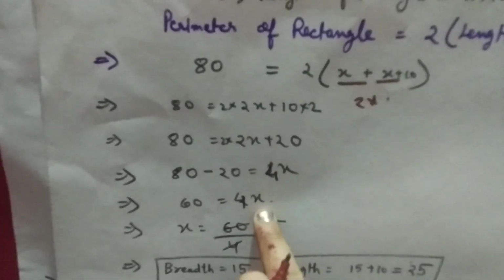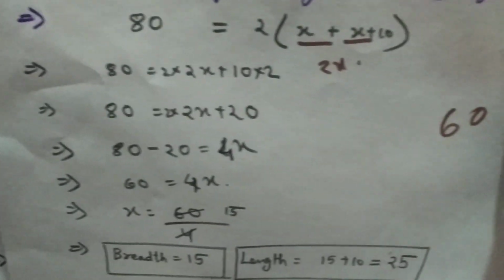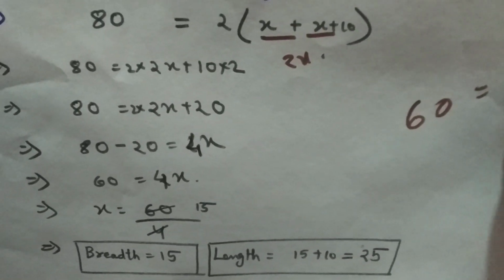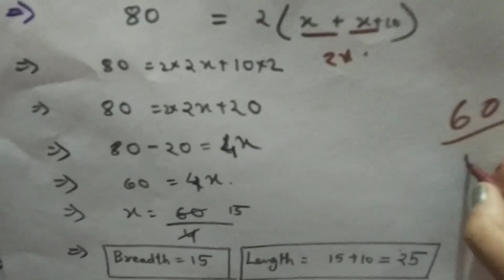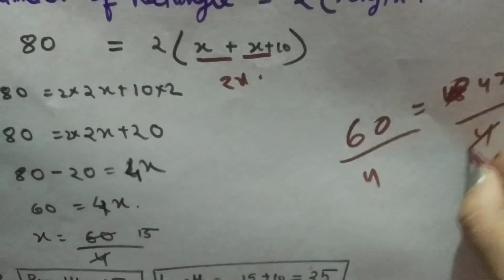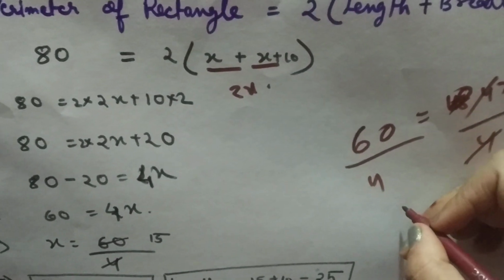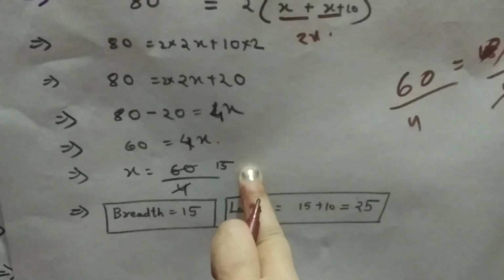Now 60 is equal to 4x, so divide by 4 and the 4 cancels. 60 divided by 4 is equal to 15.